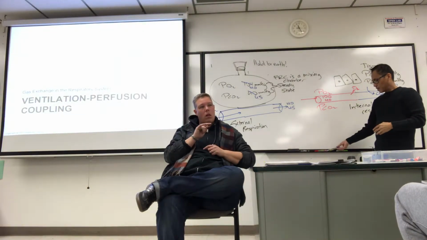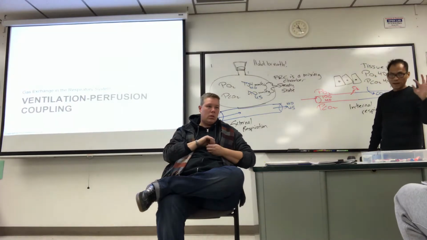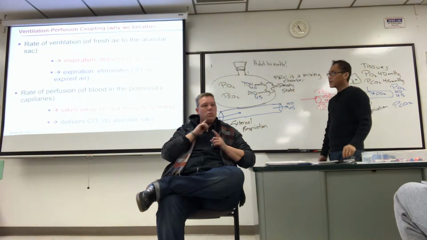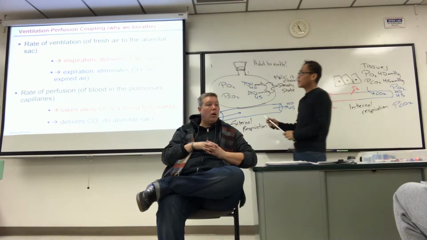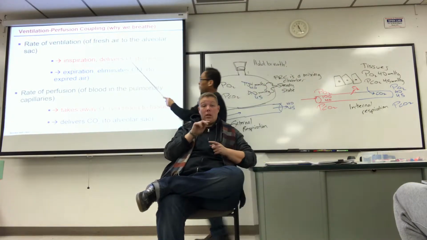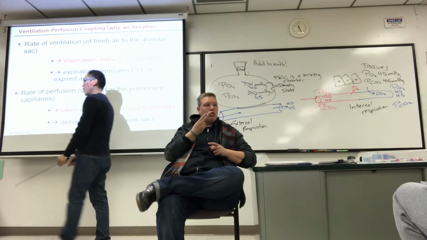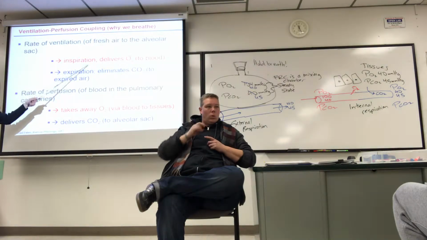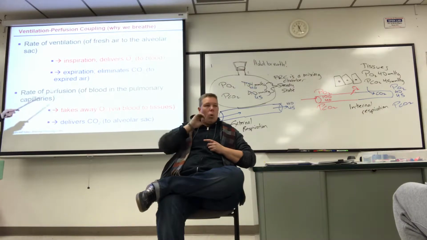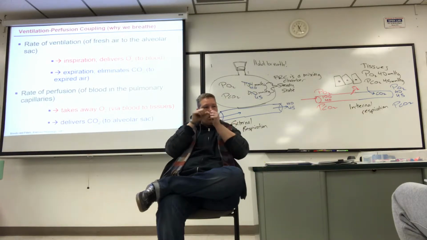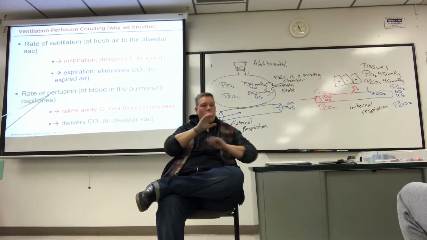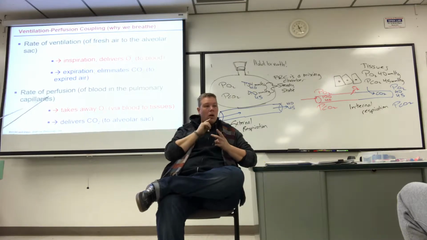That's an extreme example, holding your breath, but it's a lot more finely tuned than that. The basic idea here is, you ventilate to keep fresh air coming in. You inspire air to make sure the O2 levels stay up, and you expire to eliminate the CO2. The blood flow, the perfusion, always refers to just the blood flowing.